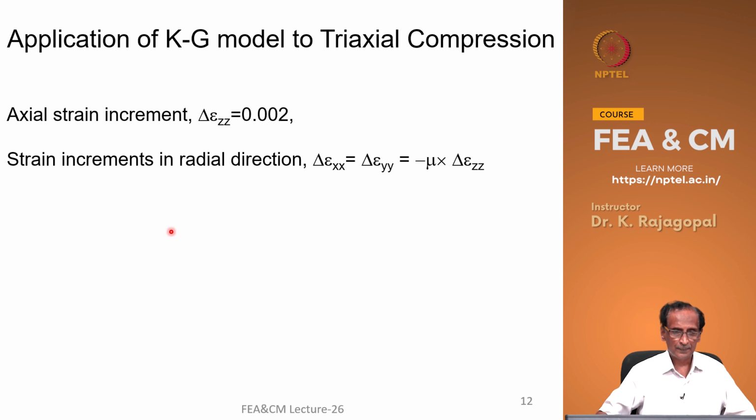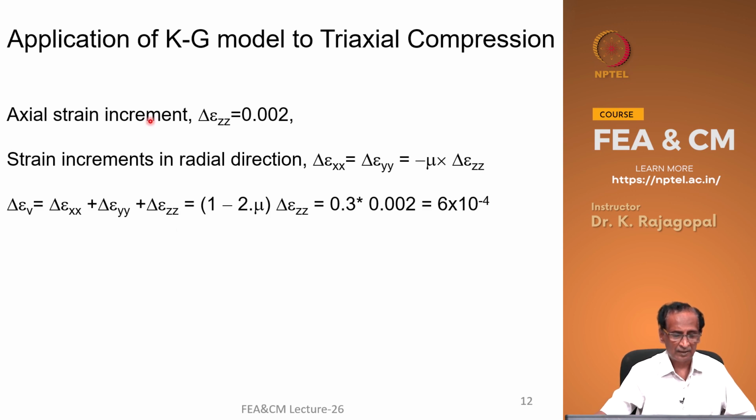Now we are applying an axial strain increment delta epsilon zz of 0.002, and then the strain increments in the radial directions, the x and y directions, are minus mu times delta epsilon z. Our incremental volumetric strain delta epsilon v is delta epsilon xx plus delta epsilon yy plus delta epsilon zz.